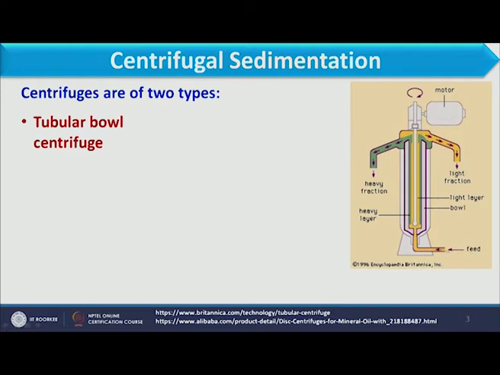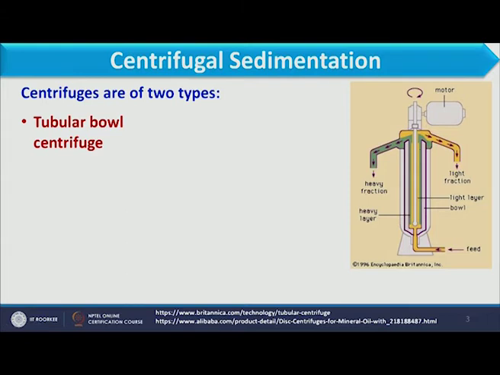The feed coming into the chamber inside the bowl is acted on by centrifugal forces, so the heavier particles are collected at the periphery and form a heavy layer. Inside this we have the liquid layer which is lighter than the particles.